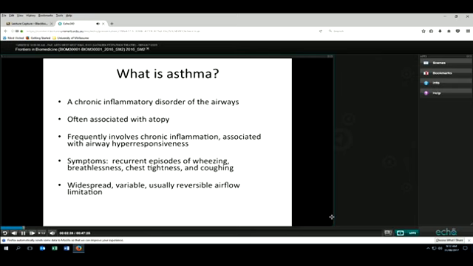For anyone who has even had a passing contact with asthma, you'll know that the main symptom is wheeze and associated shortness of breath. And this is a result of a fairly diffuse airflow limitation or airflow obstruction throughout the airways in the lung.